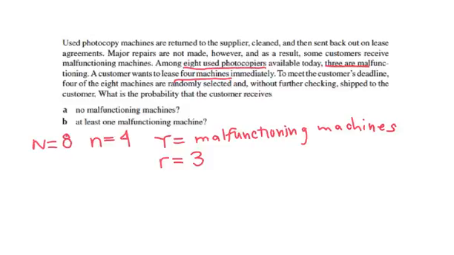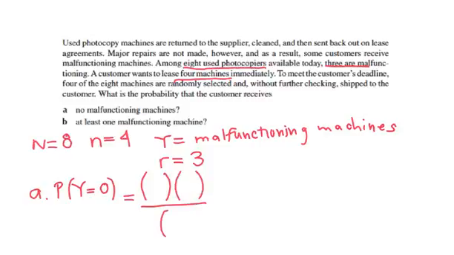And it says there that you have 3. And now let's use the formula. So letter A is no malfunctioning machine, so you want Y equals 0. Again, the formula says you have 3 combinations here. The one in the denominator is 4 out of 8.